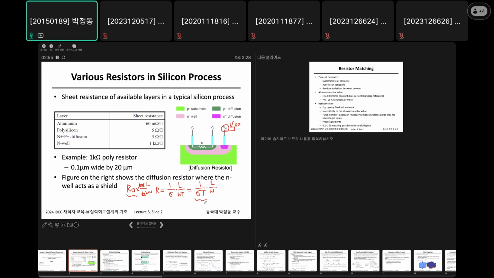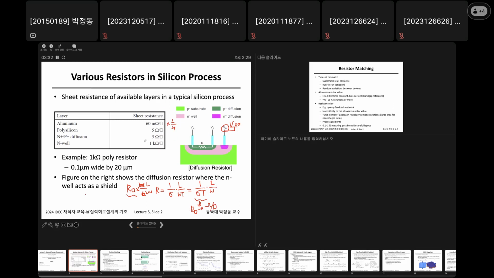So here, this is our resistivity, expressed in terms of ohm, and this is a ratio. This is ohm per square. So once you know this resistivity, you can synthesize the resistance value you want, from the ratio of this, right?